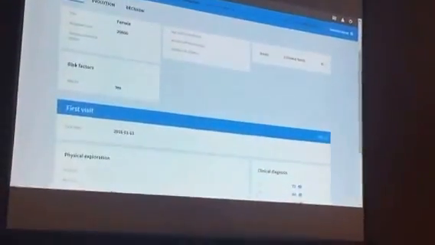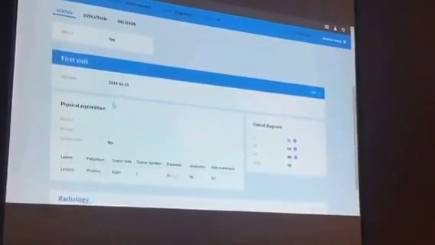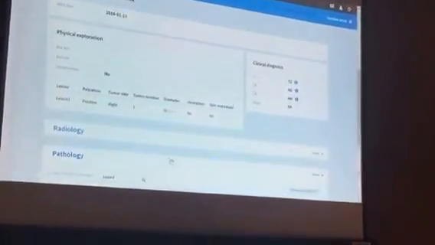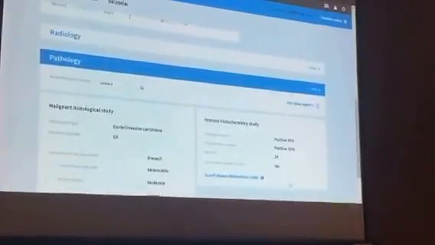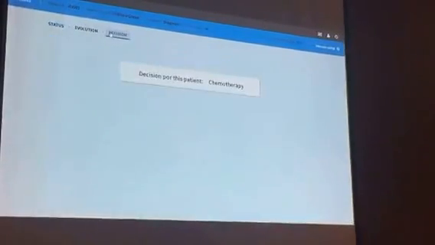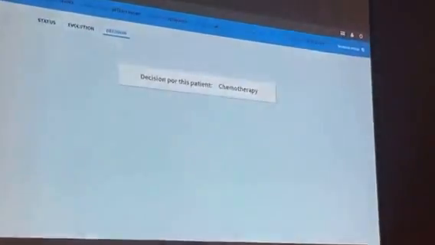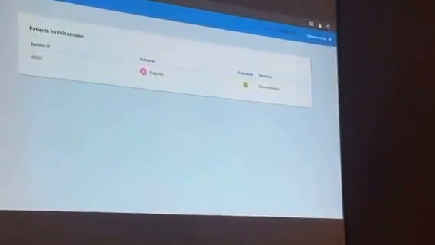After, I would like to show you more information. We have also the first visit. Here we have the lesion information, the pathology of that lesion. And we see here that the decision taken for that patient is chemotherapy. So it has been evaluated in that session with chemotherapy.